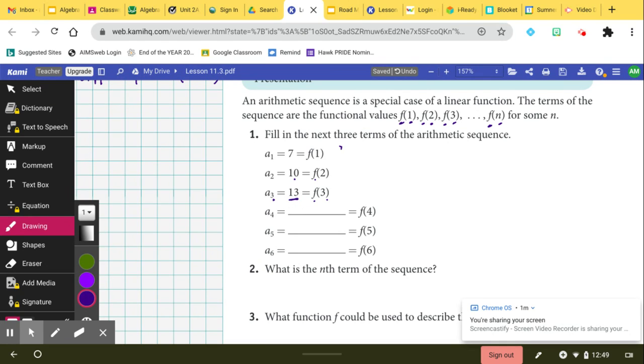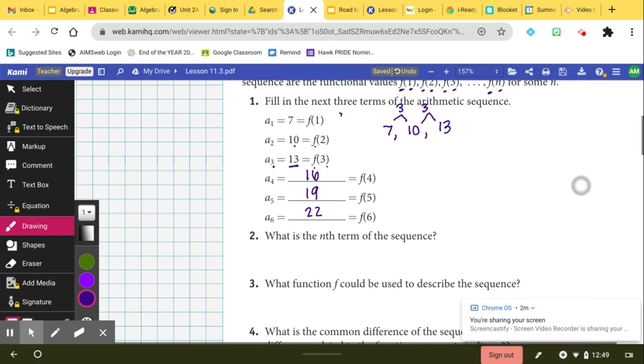If we're looking at those patterns, we have 7, 10, 13. So our common difference, we're increasing by 3 each time. So our common difference is 3. So a sub 4 or f of 4 will be 16. A sub 5 or f of 5 will be 19. A sub 6 or f of 6 is going to be 22.